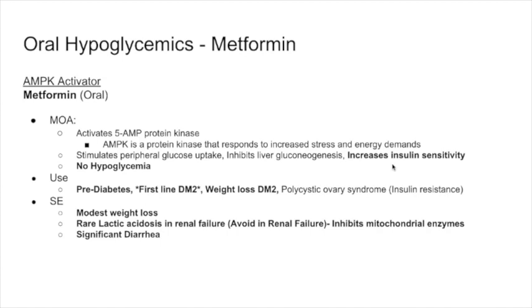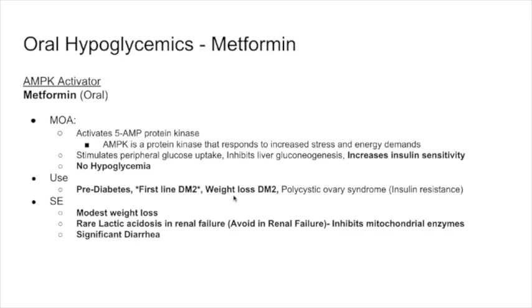And that's why we really use metformin. It doesn't cause hypoglycemia. So metformin is pretty much used everywhere. It's even used in type 1 diabetics. I didn't put it here, but it's used for pre-diabetics, it's used as a first line in type 2 diabetes.